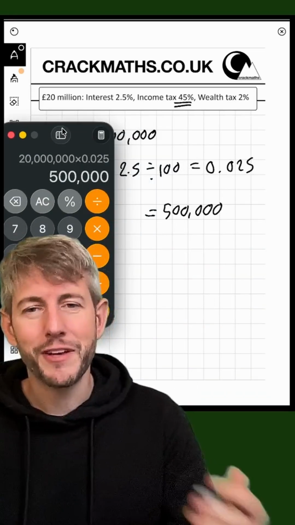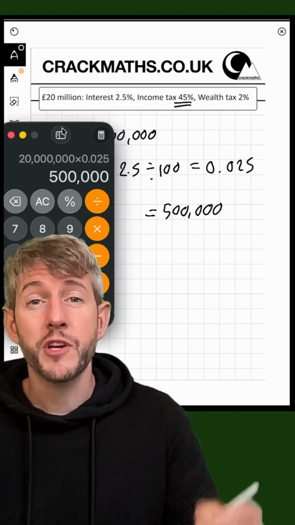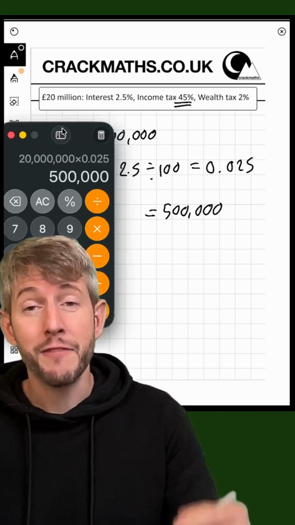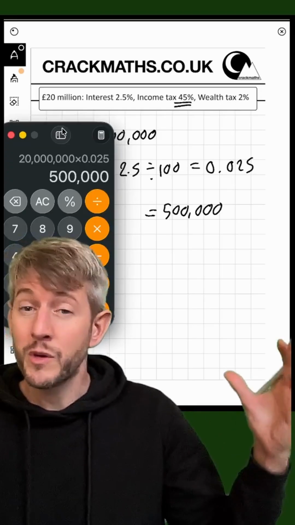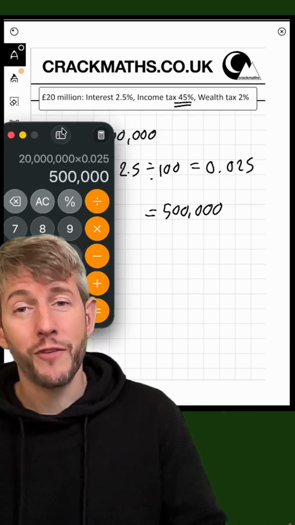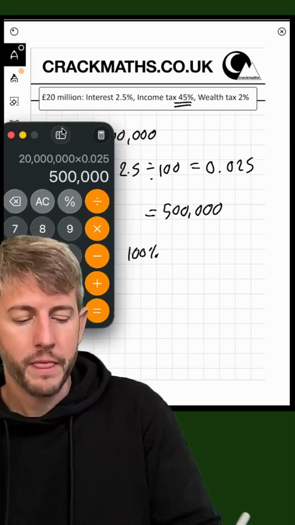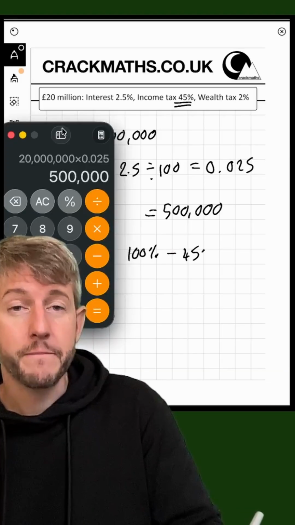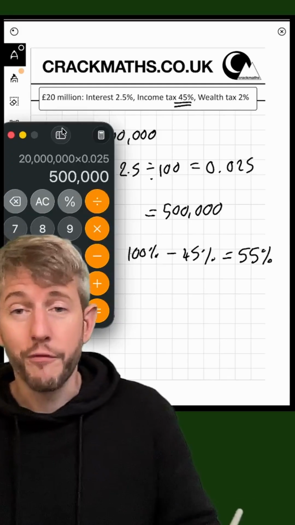Now, the higher rate of income tax is charged at 45%. So we're going to assume that they're going to pay 45% tax on all of this £500,000, which they've received from their interest. Now, if we're paying a 45% tax, that means we're starting with 100%, we're taking away 45%, so we're keeping 55% of that value.